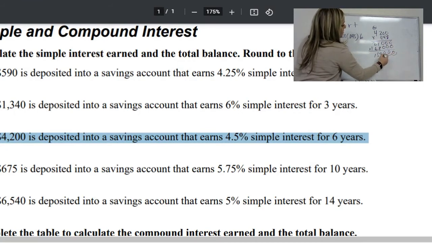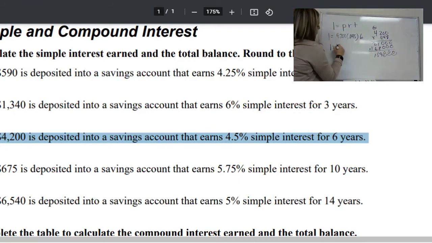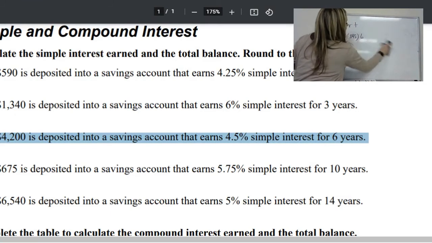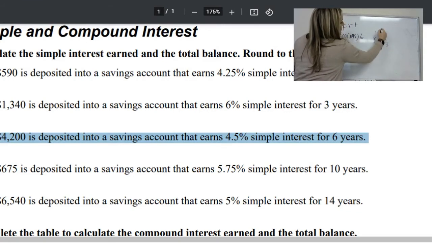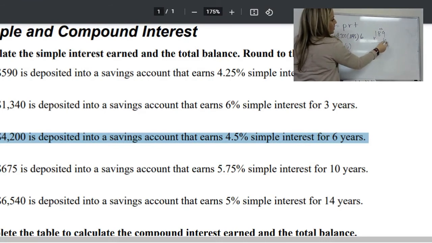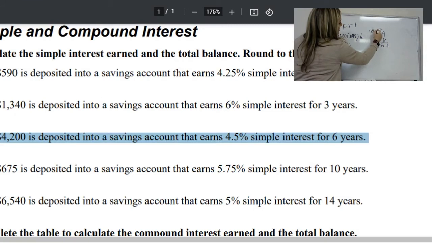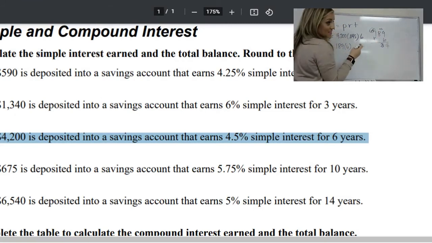Now we have $189, and we're going to multiply that by 6 years. 189 times 6. 9 times 6 is 54. 4 can stay, 5 got to go. 8 times 6 is 48, plus 5 is 53. 3 can stay, 5 got to go. 1 times 6 is 6 plus 5 is 11. So the interest on that would be $1,134.